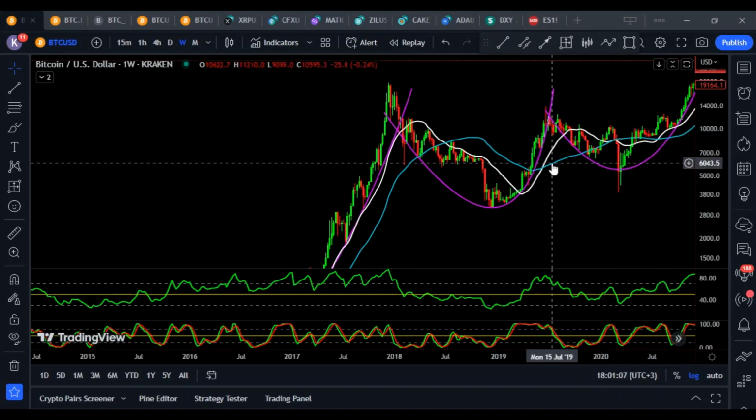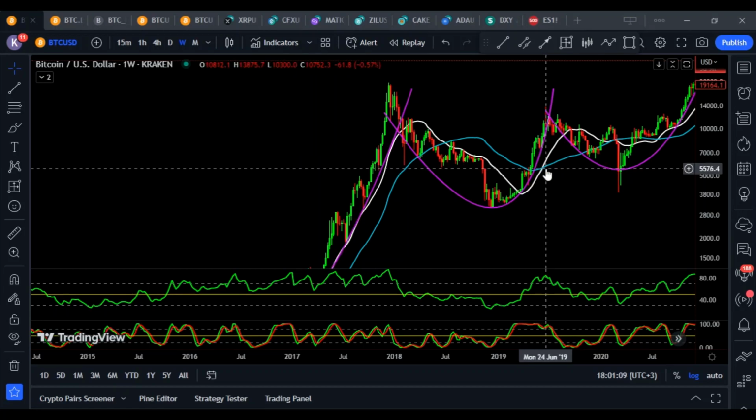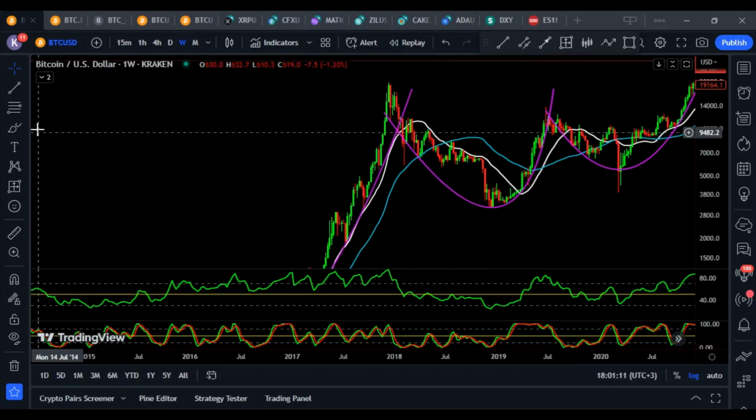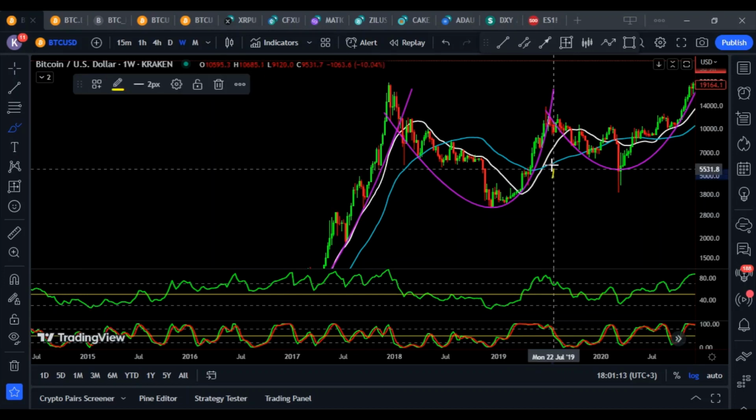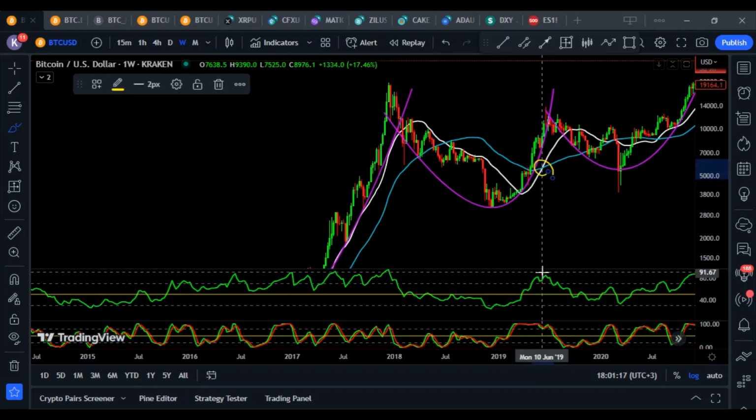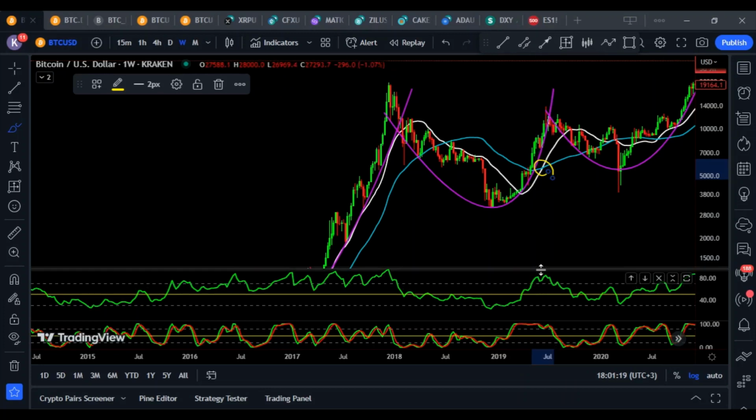But an observation can be made here around this area as well, that when the 20 crossed the 50, so that was on the 10th of June, our RSI was over 50, definitely.